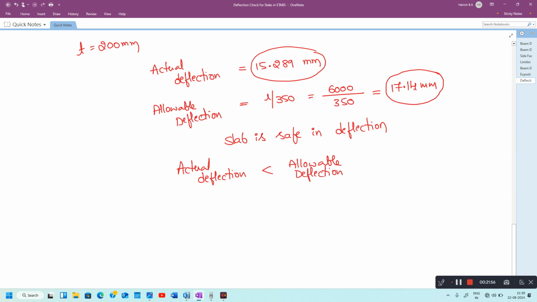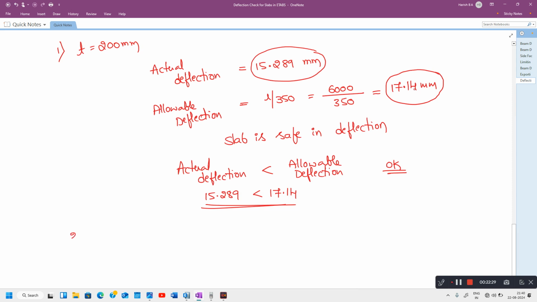Hence you can say the slab is safe in deflection. Here the actual deflection is 15.289, which is less than the allowable deflection. The allowable deflection as per the code is 17.14. This is acceptable. So when I increase the thickness of the slab, the deflection is controlled.